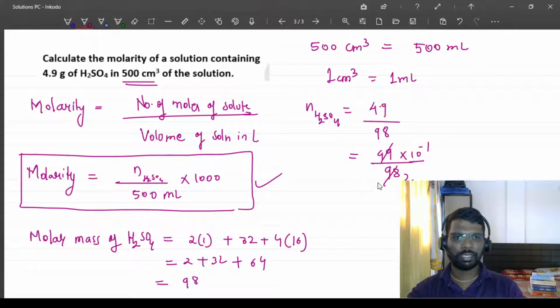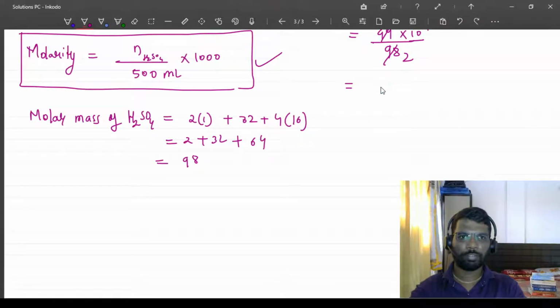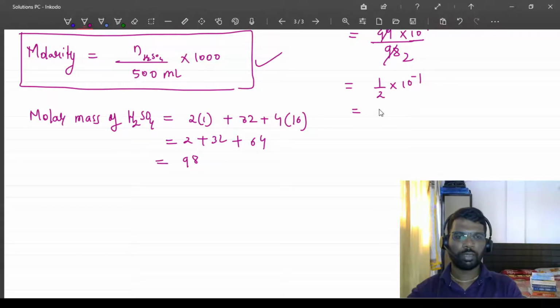So the answer which is going to come over here will be 1 by 2 into 10 raised to minus 1. 1 by 2 is 0.5 into 10 raised to minus 1.